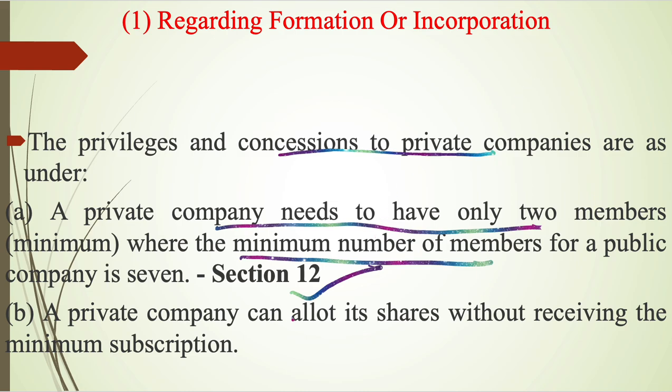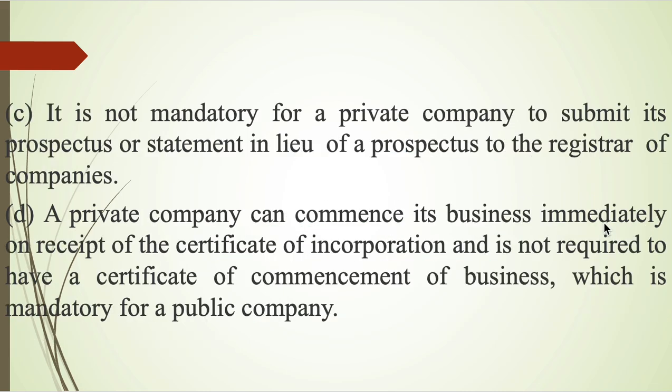A private company can allot its shares without receiving the minimum subscriptions. They can distribute shares without any minimum subscriptions from the public. The next privilege is it is not mandatory for a private company to submit its prospectus or statement in lieu of a prospectus to the registrar of companies.